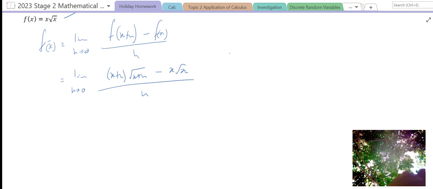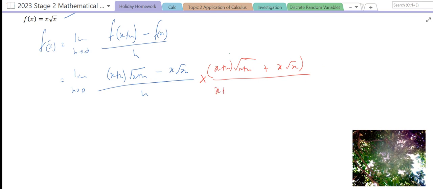Here, multiplying by 1 looks rather odd. So our 1 will look like x plus h root x plus h plus x root x over x plus h root x plus h plus x root x.